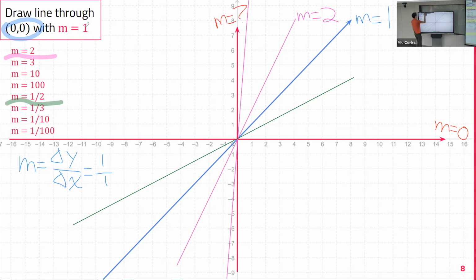Here's our slope 2. And then if we think m equals 1/3, 1/10, 1/100, same idea. We're just going to get really, really, really shallow lines like this.